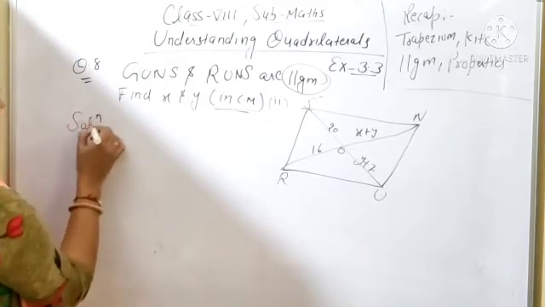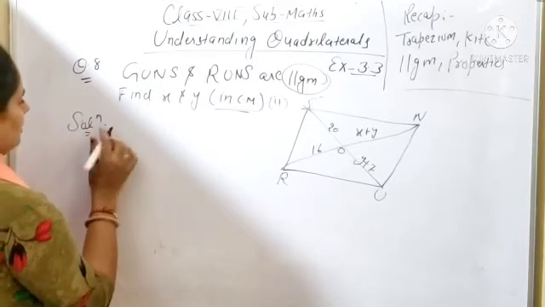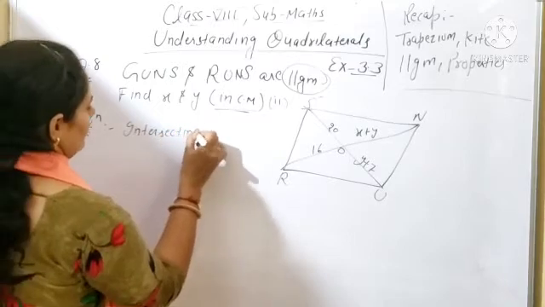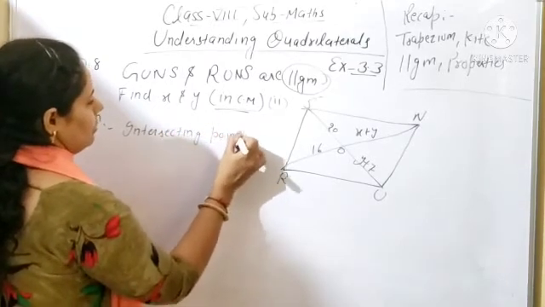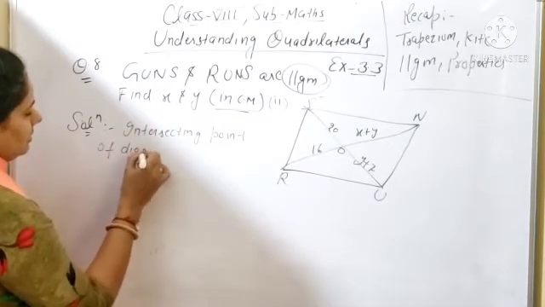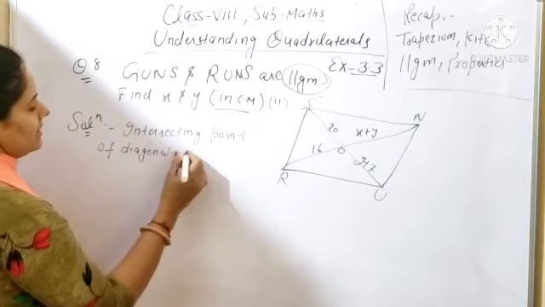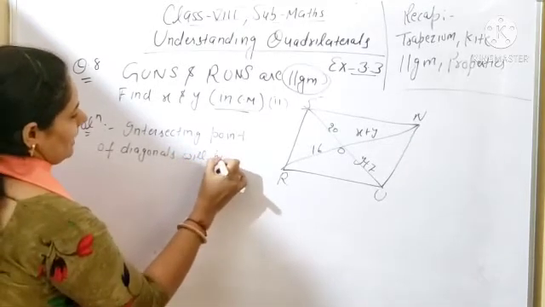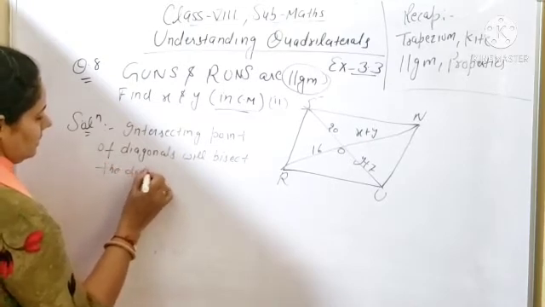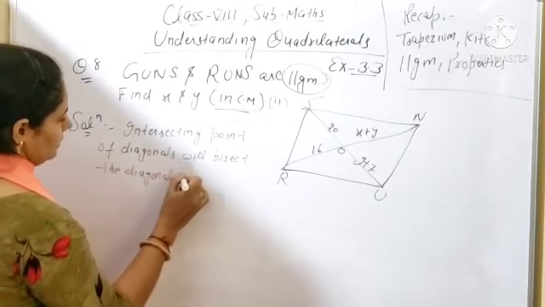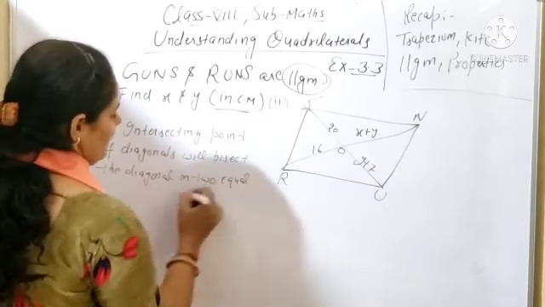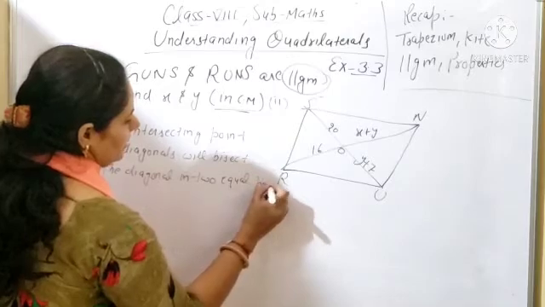So you will say, solution: intersecting point of diagonals will bisect the diagonal in two equal parts. Okay, intersecting point of the diagonals will bisect the diagonal in two equal parts.